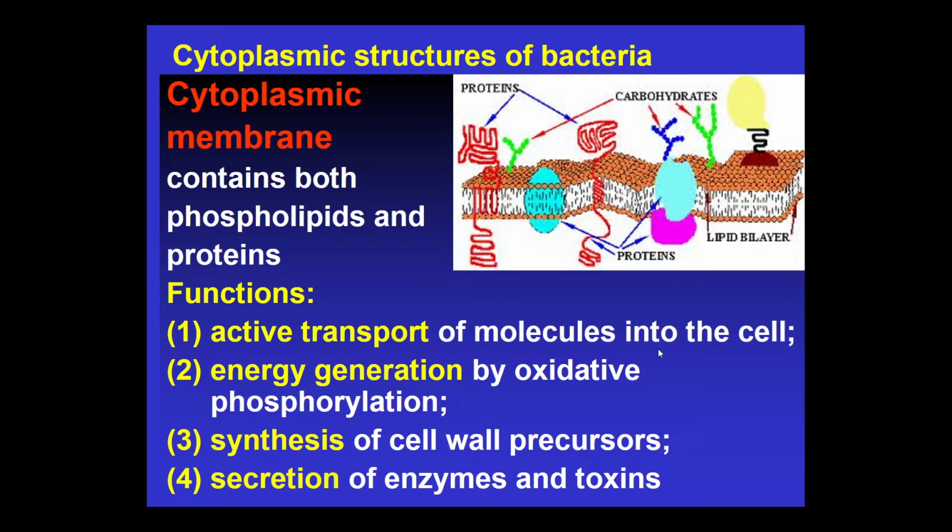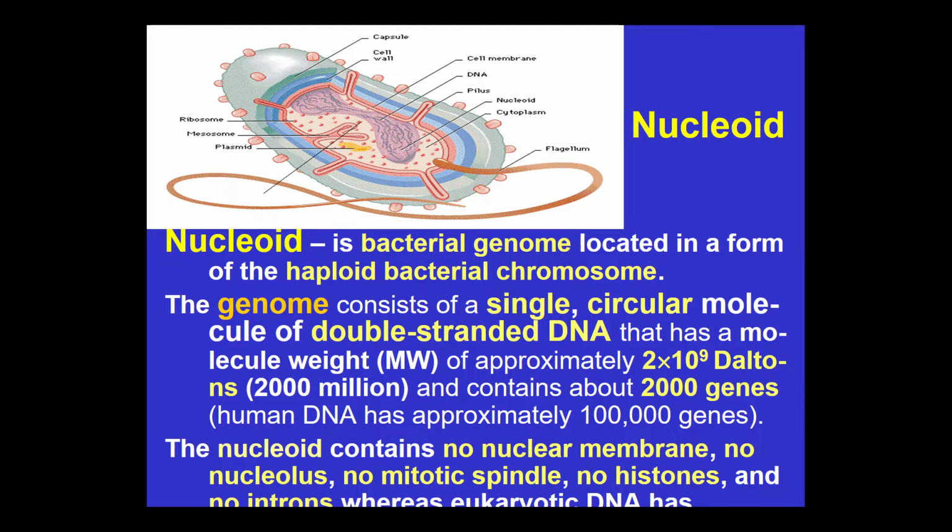It participates in very important events like active transportation of molecules into the cell, energy generation, synthesis of cell wall precursors, because without the cell wall, bacteria cannot live, and secretion of enzymes and toxins, that is very important for medically important bacteria.